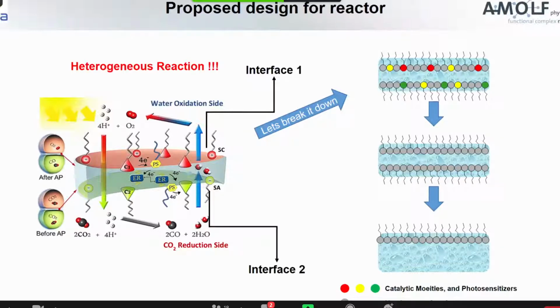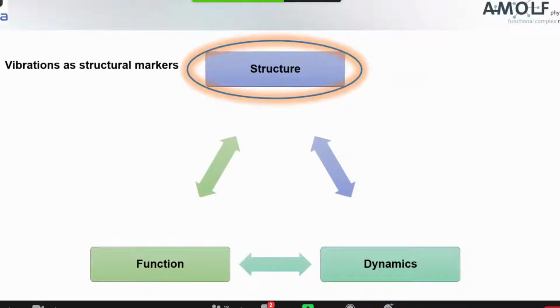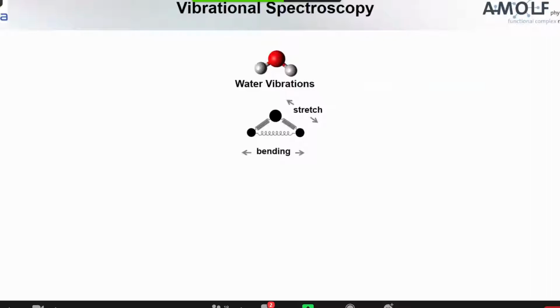Like I said before, I'll be using vibrational markers as a structure probe at the interface. Before going into the details of the technique I specifically use, let's see how vibrations can be a marker. For a simple molecule like water, the possible vibrations are a stretching mode or a bending mode.